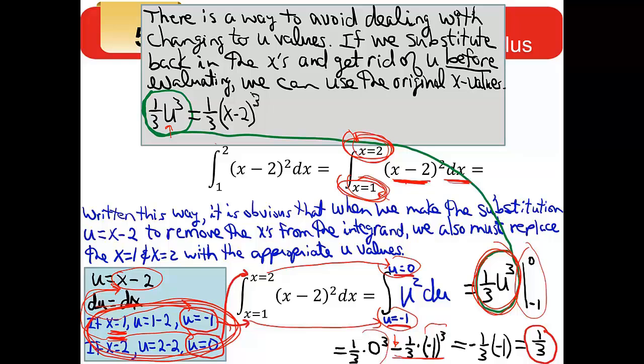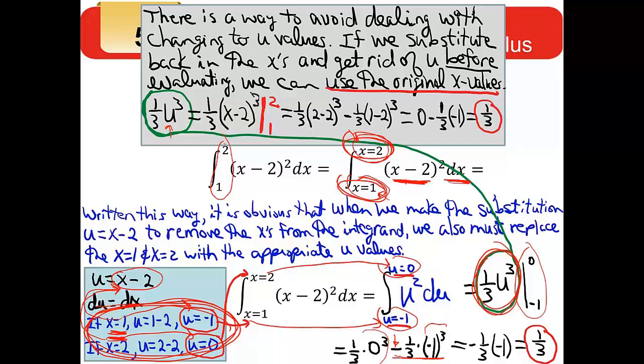And if you do that, you can go back to the original x values and evaluate from 1 to 2 instead of evaluating after we changed before. So that's an option. And if you plug in a 2 and do the calculation, then plug in a 1 and do the calculation and subtract the two results, you'll get the same answer. It's just a matter of which you prefer.